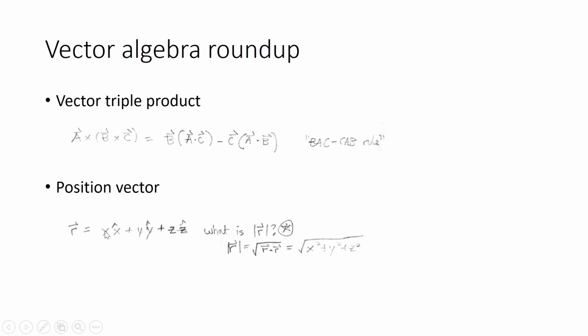So you just wind up with x hat dotted with x hat, which is x squared, and so forth for y and z. Which is a long-winded way of saying that the magnitude of the position vector is the square root of x squared plus y squared plus z squared, which you probably realized.